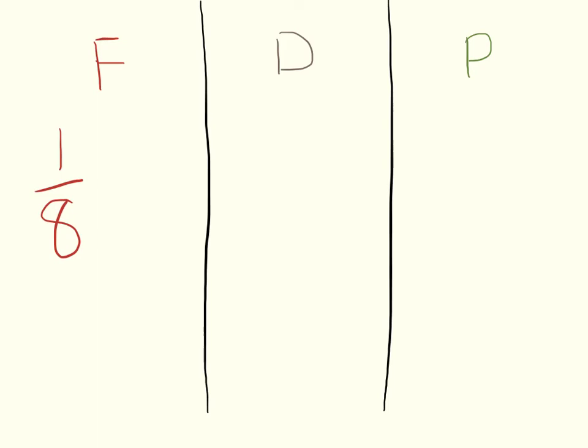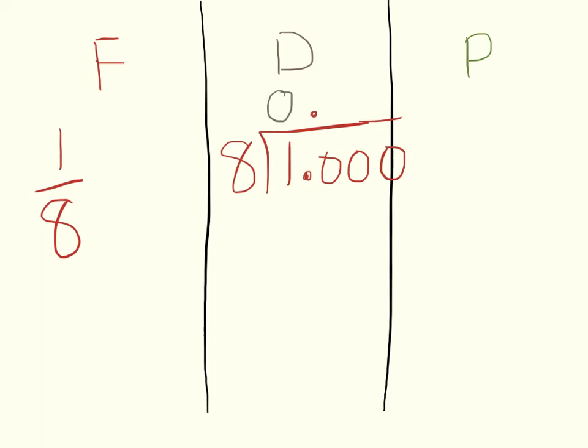The numerator goes inside, the denominator goes on the outside of your division symbol, and I like to add a decimal and some zeros. 8 does not go into 1, so that's going to be 0. 8 can go into 10, and it goes into 10 one time. 1 times 8 is 8. 10 minus 8 is 2. Bring down the 0. 8 goes into 20 2 times.